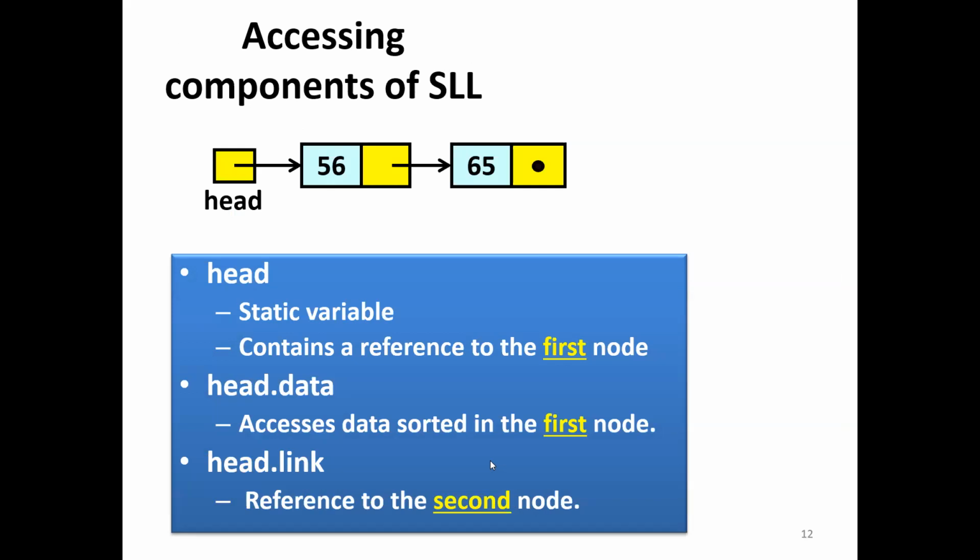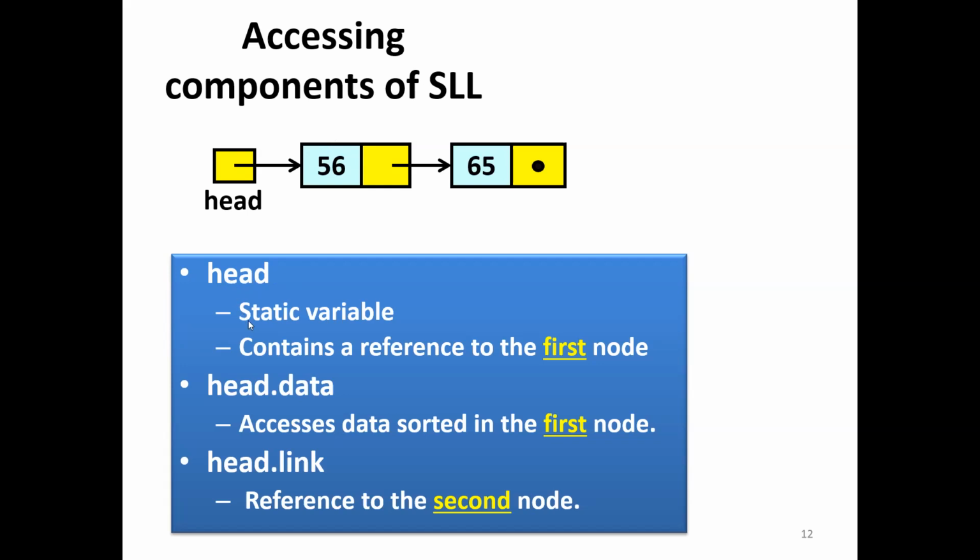Now, how do we access these components? In order to access these components, we need to understand them very well. For instance, the first component is the head. Remember that the head doesn't have the data part, it only has the link part. And the link points to the memory address of another node.